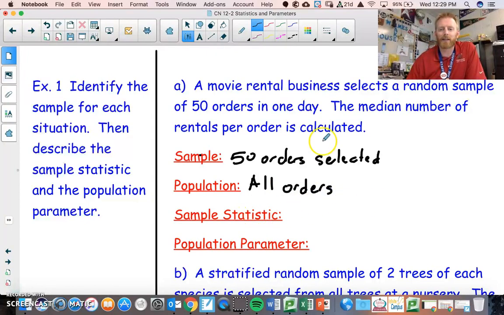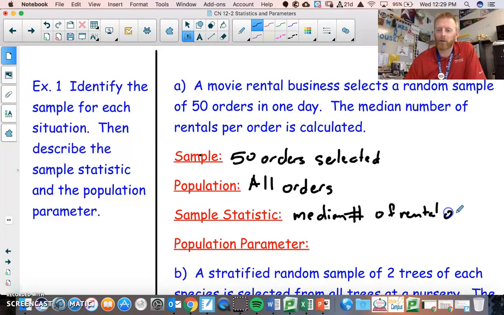The sample statistic will be the median number of rentals, and this is a number sign, not a hashtag, out of our sample of 50. And the population parameter will be the exact same thing except out of all orders.